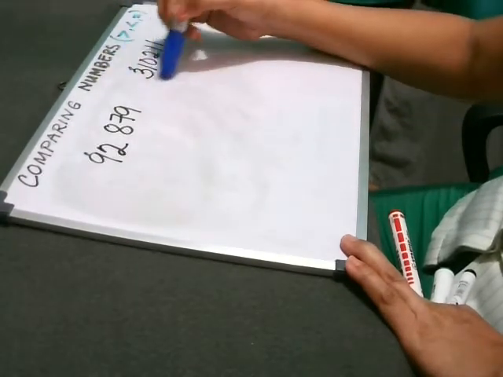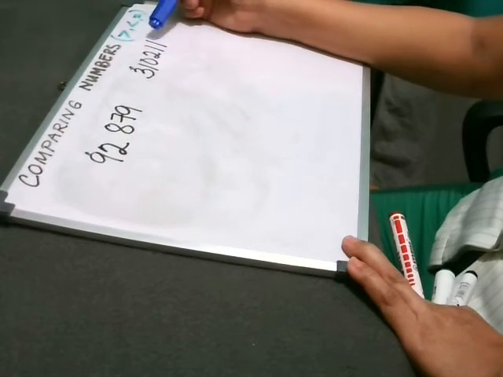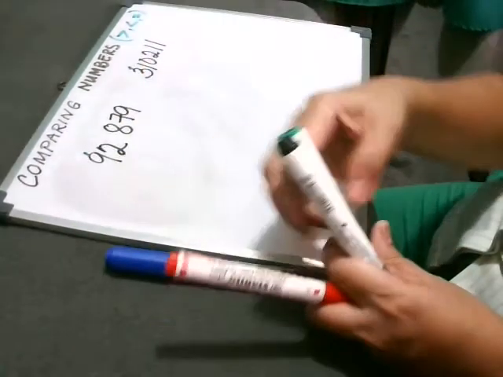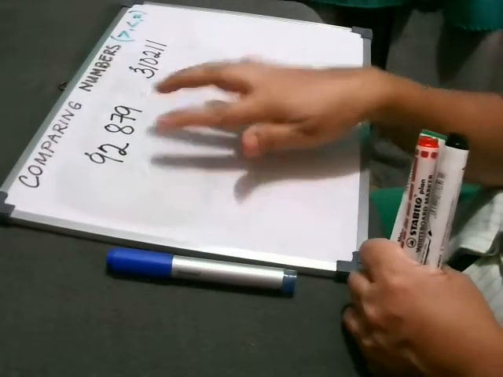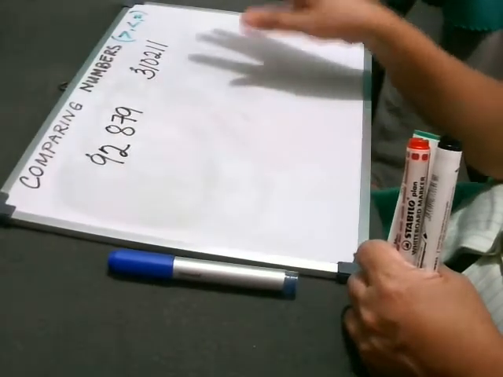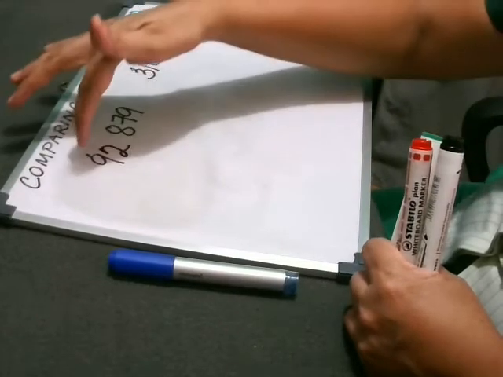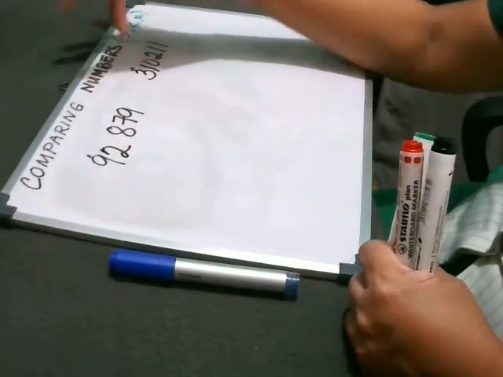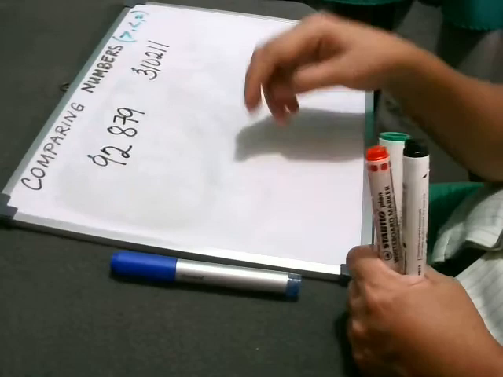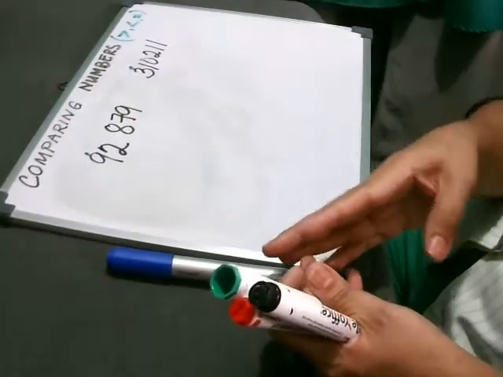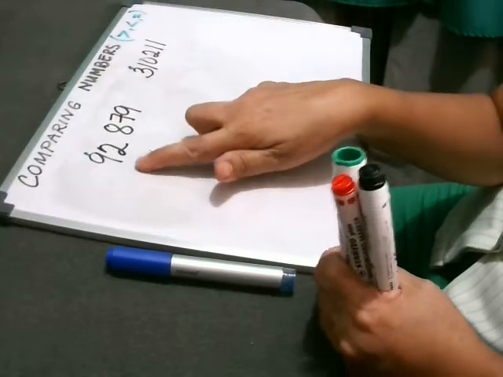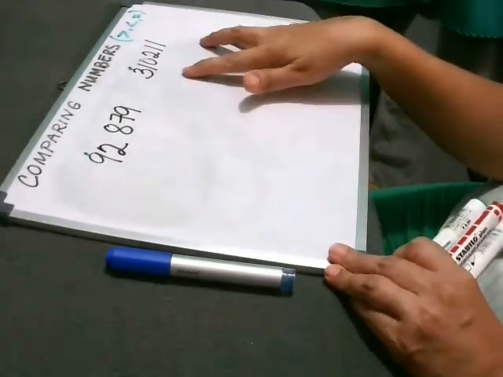This number is up to the 100,000s place. So when you compare numbers, see to it also that the number of digits are equal before comparing the first digit on its left. It's not just that you compare the number on the left. You have to know also how many digits are there in that number.